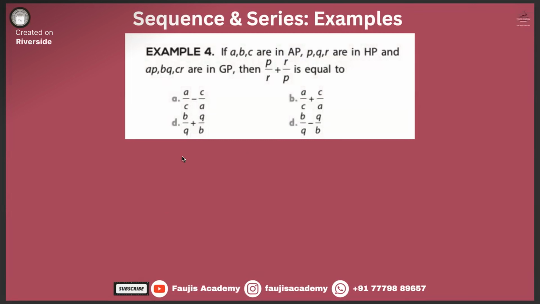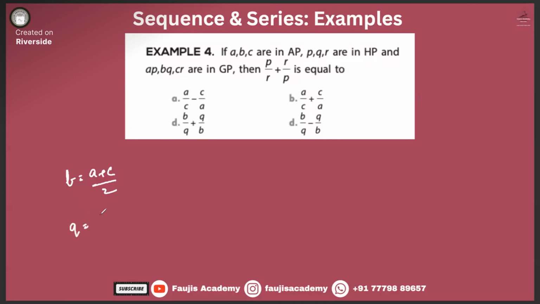ABC are in AP. If ABC are in AP, that means the middle term B is equal to A plus C by 2. Right? Yes, sir. PQR is in HP.